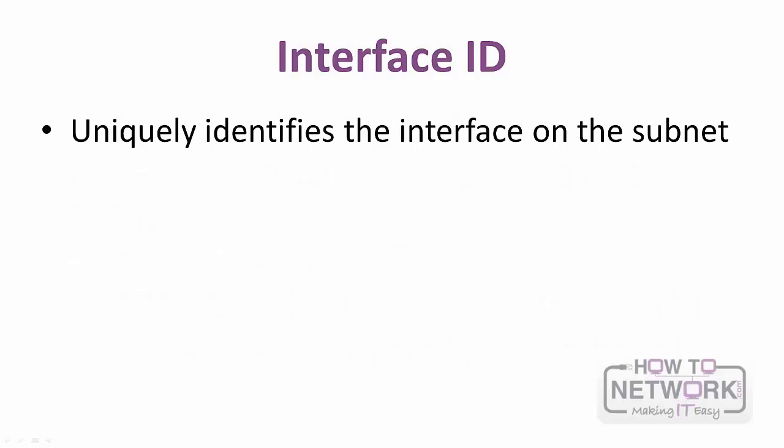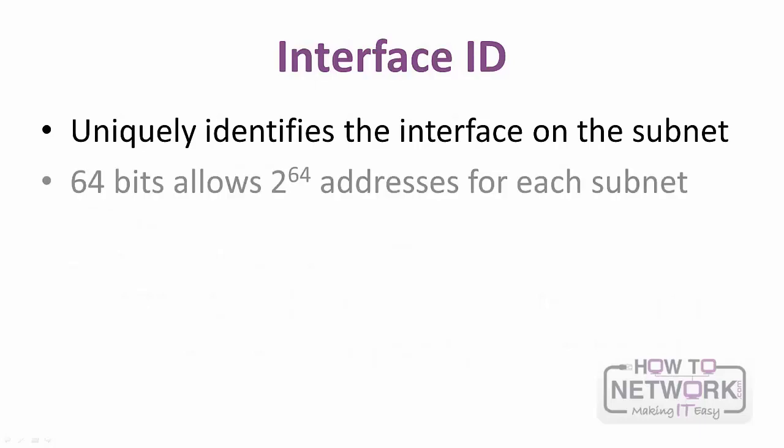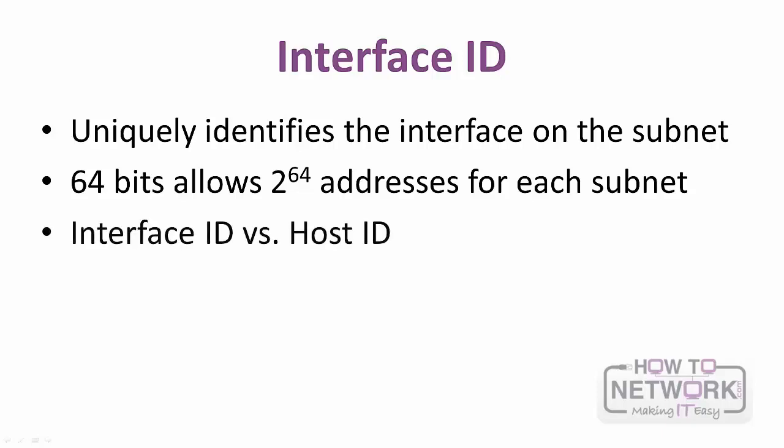The interface ID uniquely identifies the interface on the subnet. The 64-bit interface ID allows 2 to the 64th power addresses for each subnet. The term interface ID is used rather than host ID because a single host can have multiple interfaces, each having one or more IPv6 addresses.